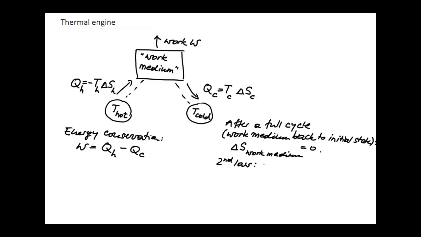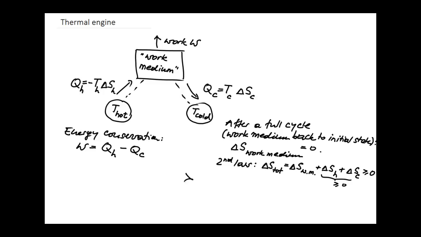So the change of total entropy, which is equal to the change of entropy of the work medium plus change of entropy of the hot reservoir plus change of entropy of the cold reservoir, can only increase, so this must be larger or equal to 0. Now, since the change of entropy of the work medium is equal to 0, this implies that delta S hot plus delta S cold must be larger or equal to 0.